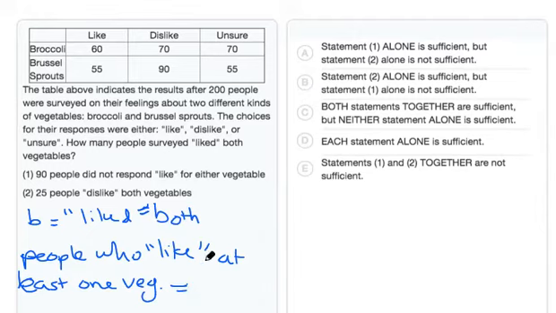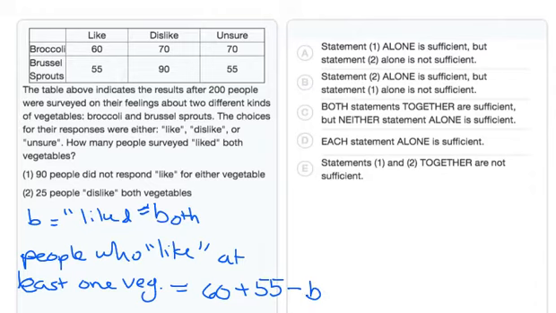So here we have 60, plus all of the people who like Brussels sprouts, which would be 55, minus those who like both vegetables. We'll call that B, as we defined before.